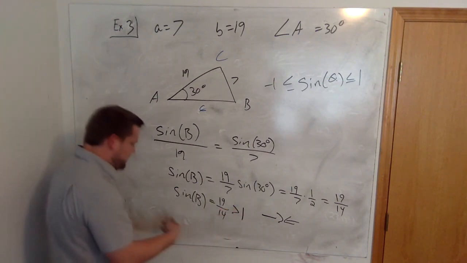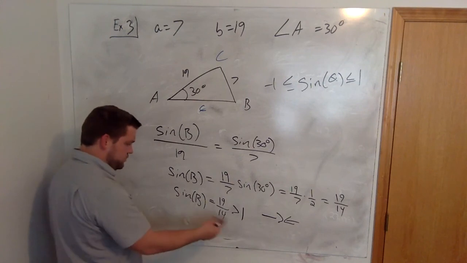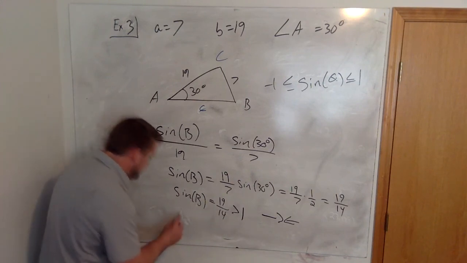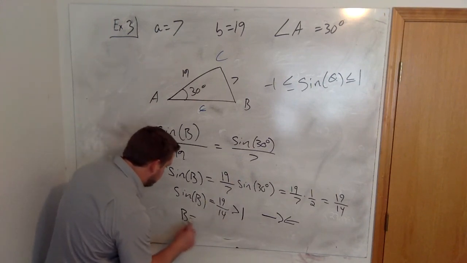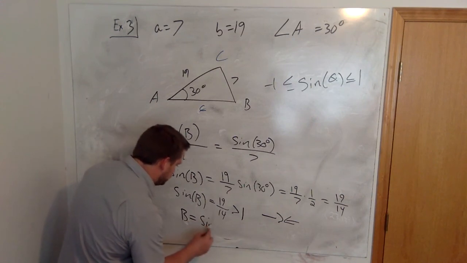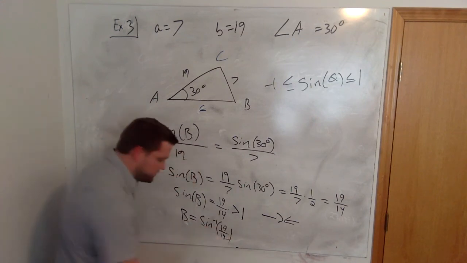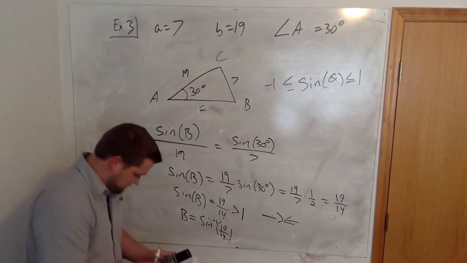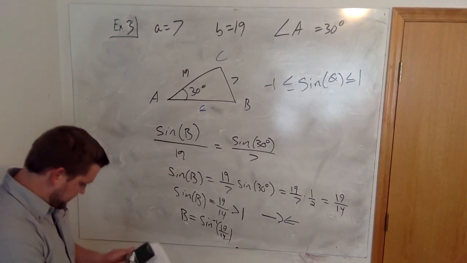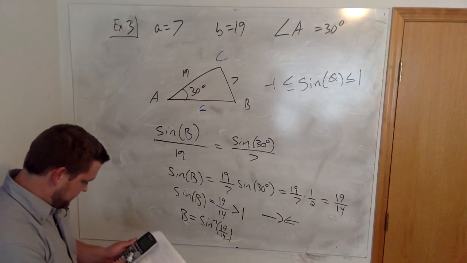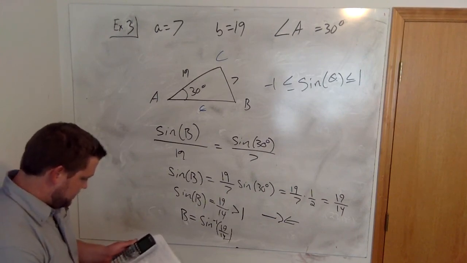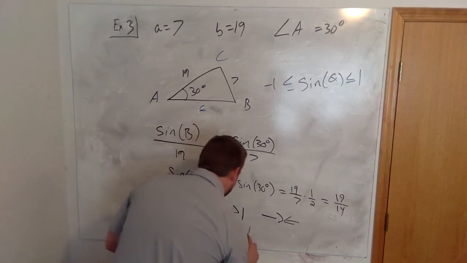And even if you didn't notice the contradiction, if you try to solve for B and say B is equal to the sine inverse of 19/14, just try plugging this into your calculator. See what it says. Sine inverse of 19/14, it's saying domain error.